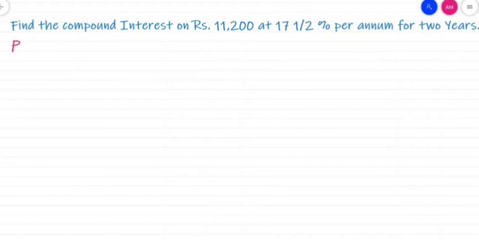Here principal amount P is given as rupees 11,200. Rate is given as 17 1/2%, let us write 17.5%. Time is given as 2 years.